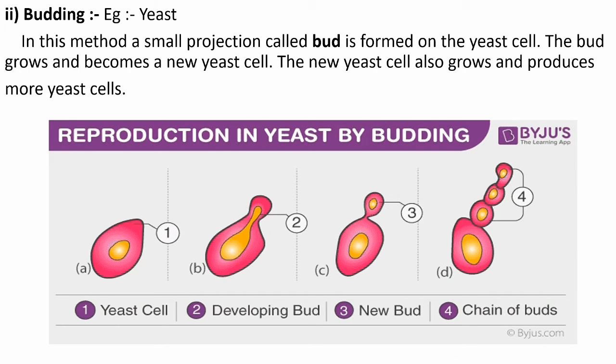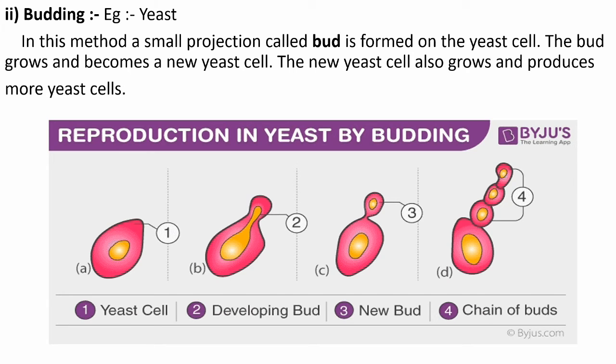Now we look at another type of asexual reproduction: budding. Budding occurs in organisms like yeast. In budding, you have a small projection from the side of the yeast cell. That small projection is called a bud.